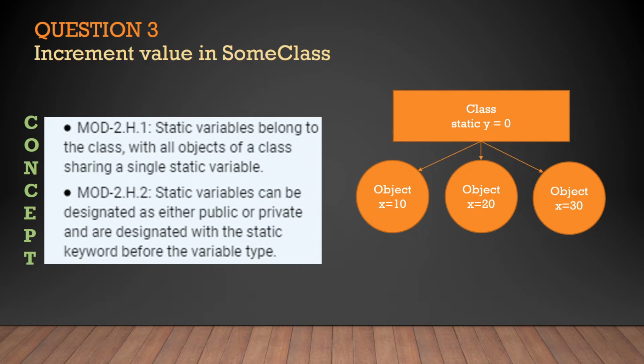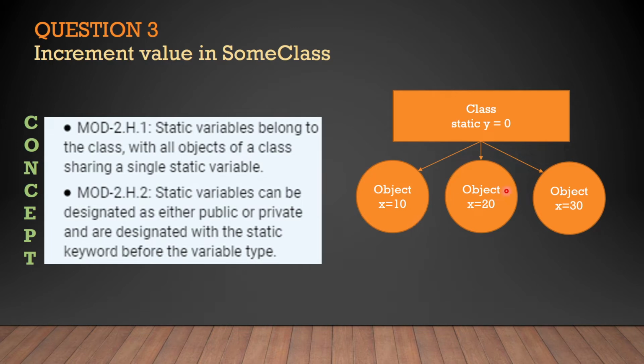Static variables are variables which exist in the class, and so they're shared by all of the objects of the class. Regular variables, or what we call instance variables, are within the object itself. The class makes different objects, and each one might be different.